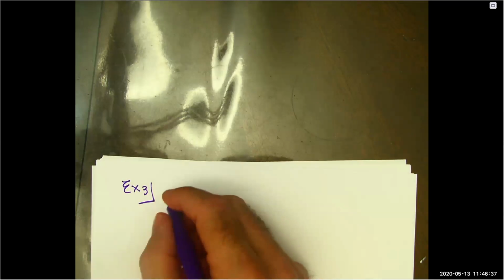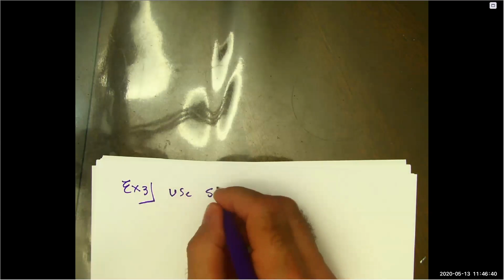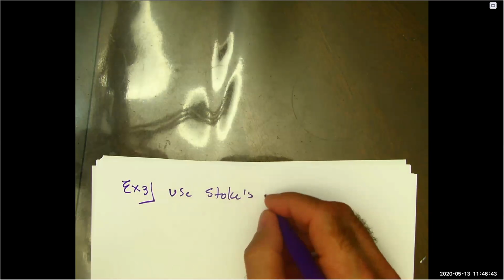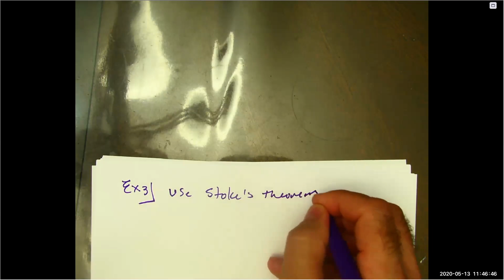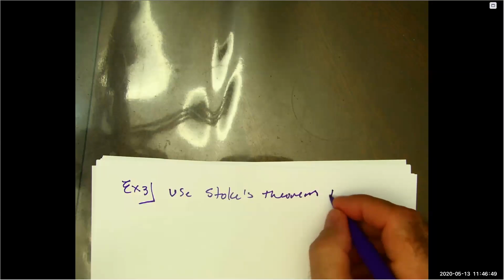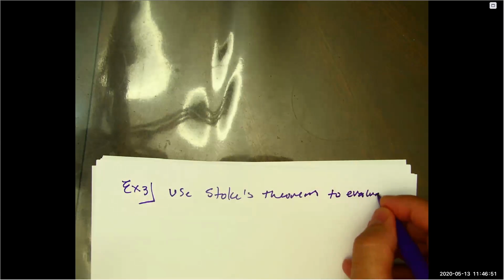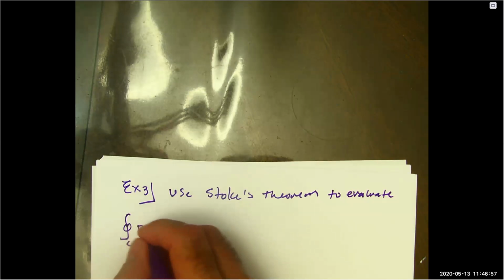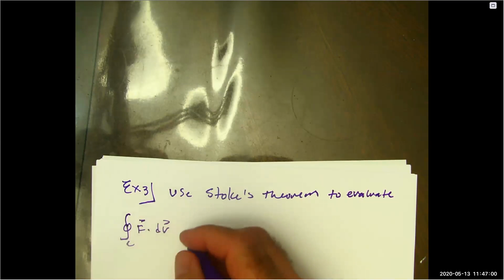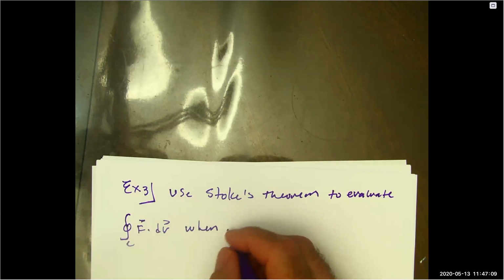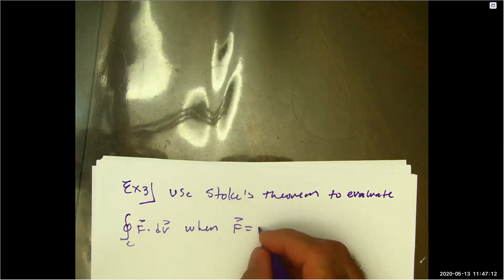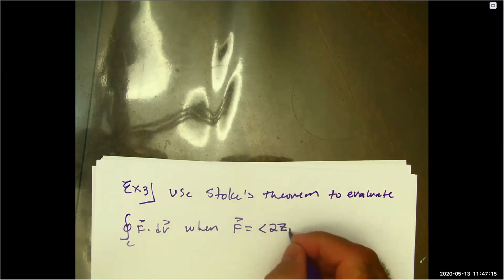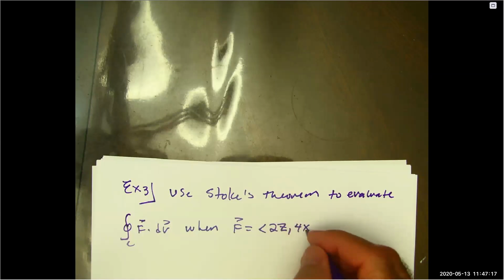And so we're going to use Stokes' theorem to evaluate the line integral when F is equal to 2z, 4x, and 5y.